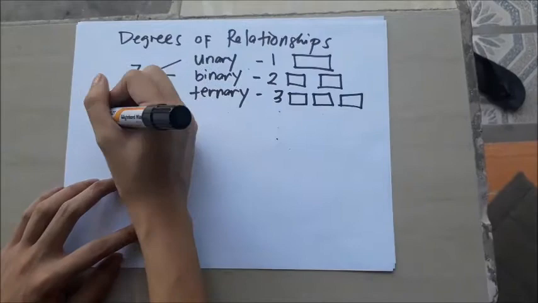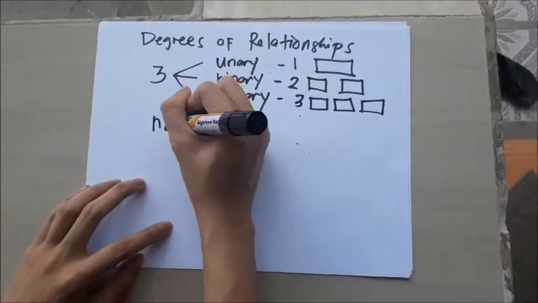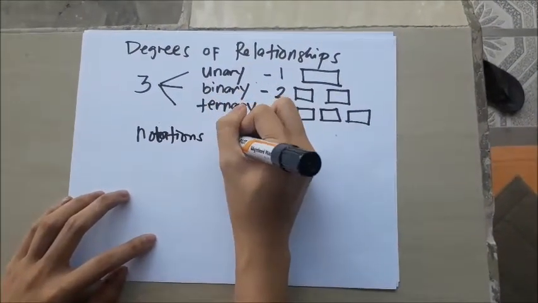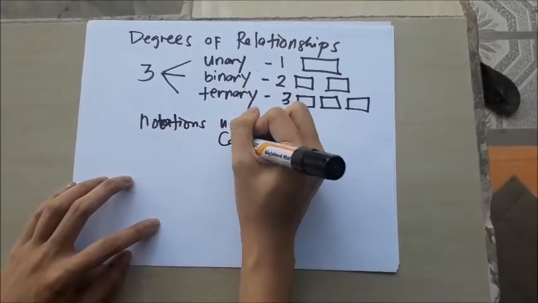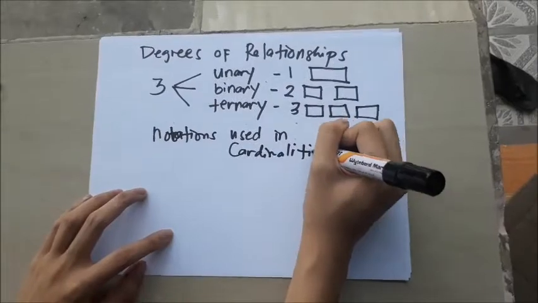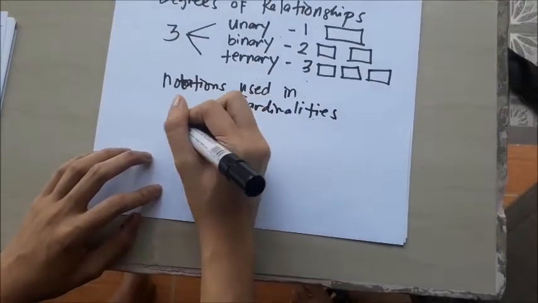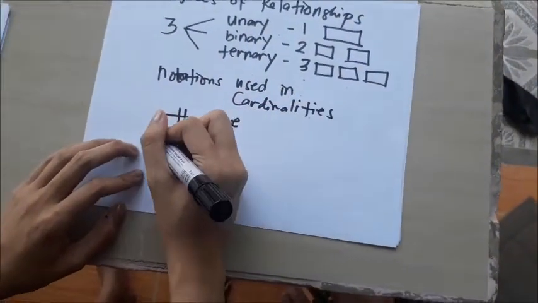Okay, let's go to the notations used in cardinalities. The first one is one. It is two straight lines near the entity.